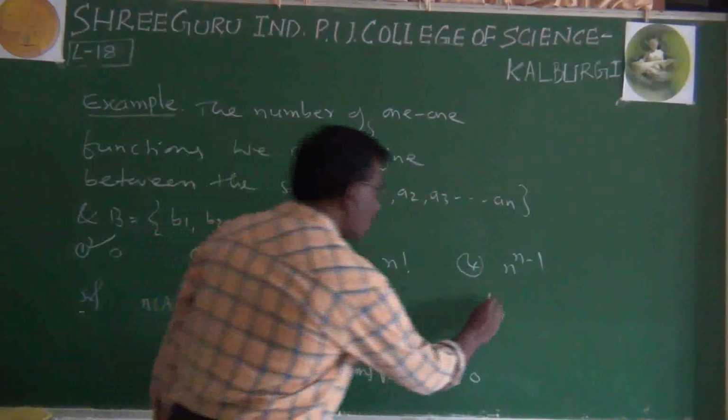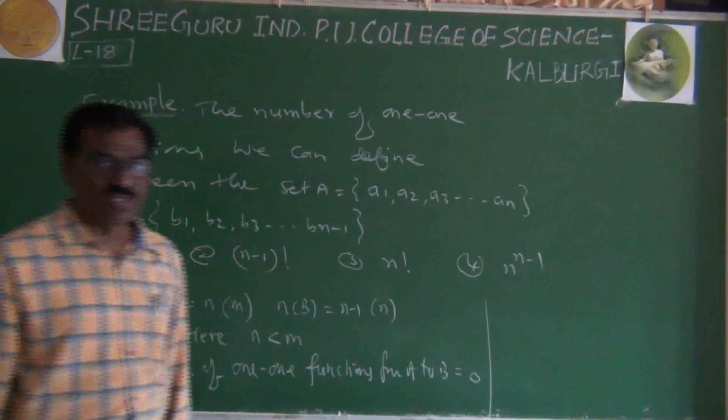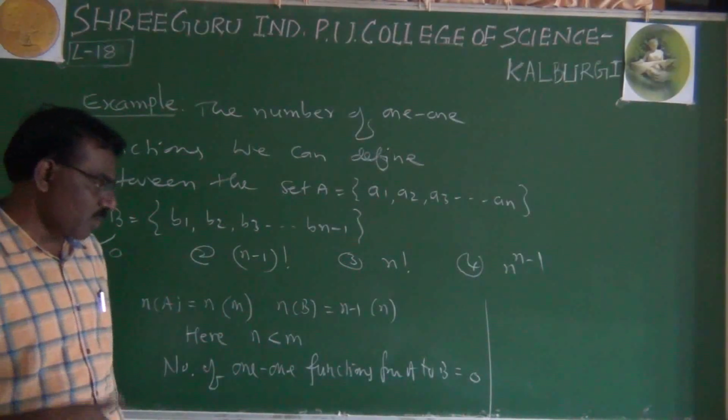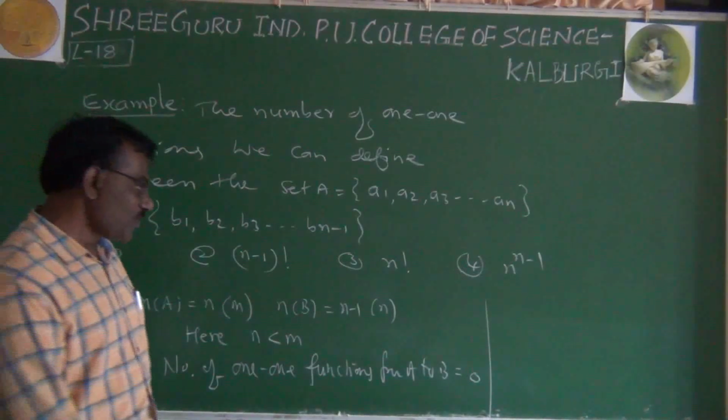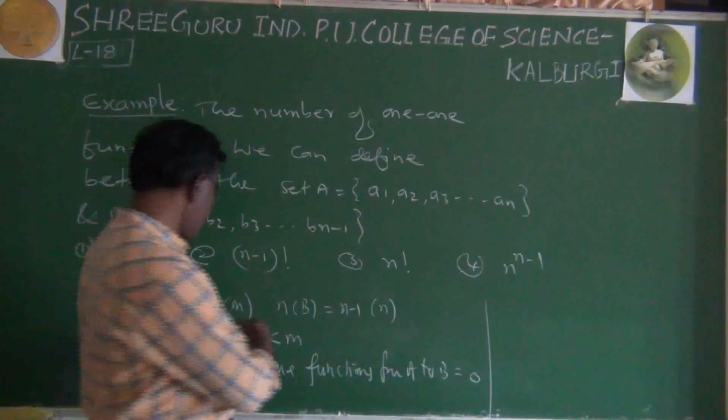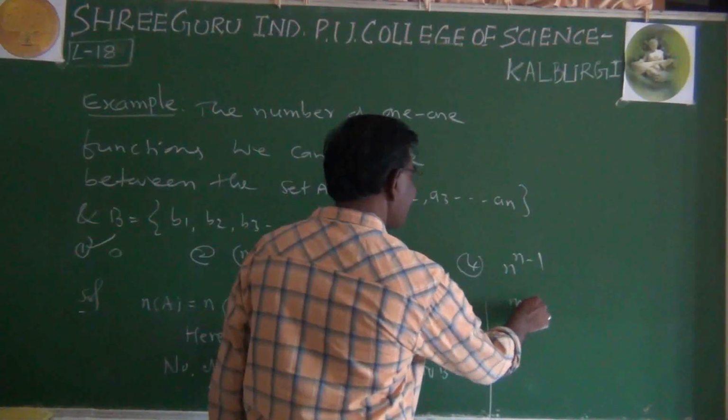So my question: what about the number of one-one functions from B to A? B to A means what? B to A, I think m is greater than n.